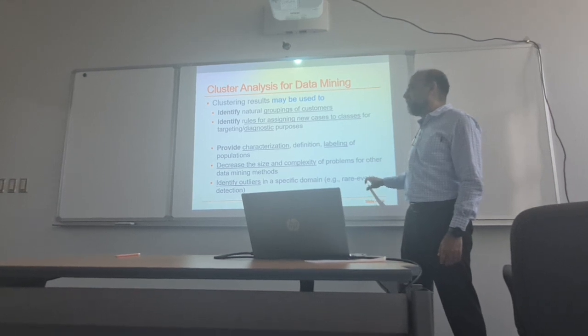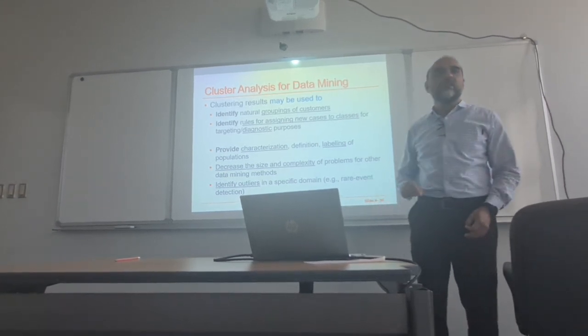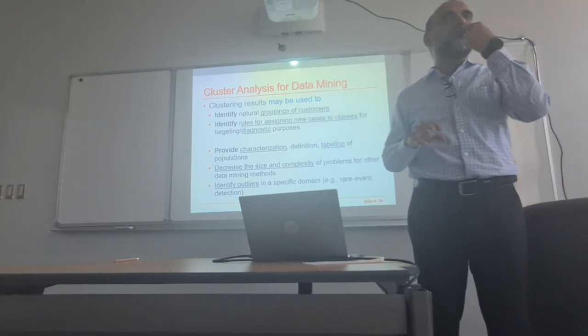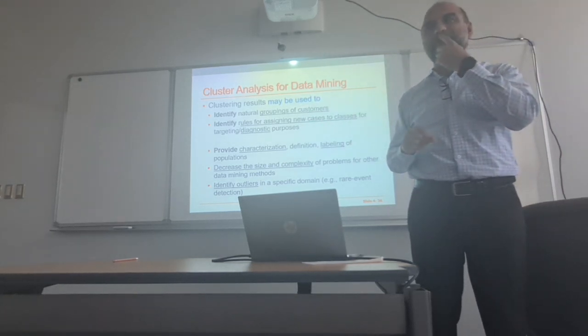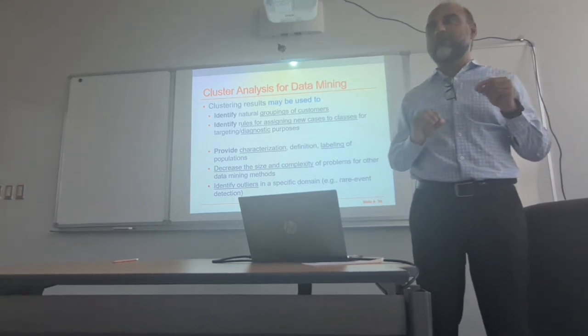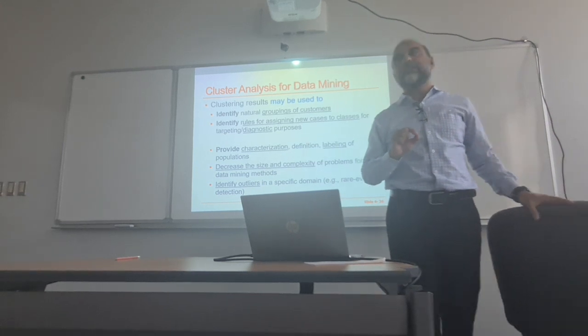Clustering can also be used in identifying outliers. We typically have this group and this group and this group, but there are some people who do not seem to belong to any group. Where is the application in such situations? One of the common examples that people always give is insurance fraud.